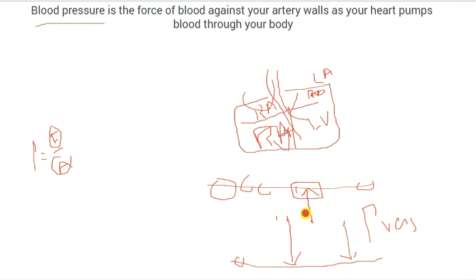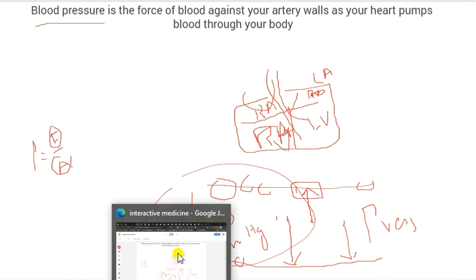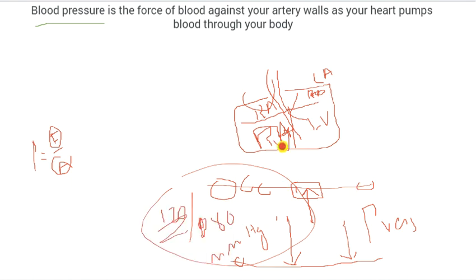So blood pressure in the arterial wall is normally 122 over 80 mmHg, millimeters of mercury. If this systolic arterial pressure is very high, it can lead to hypertension.